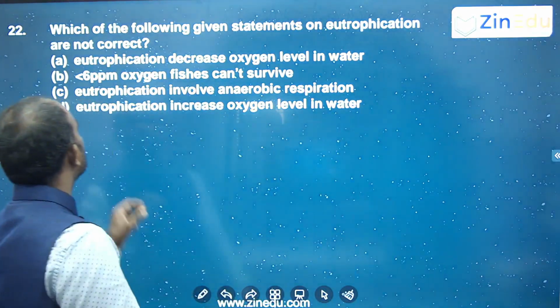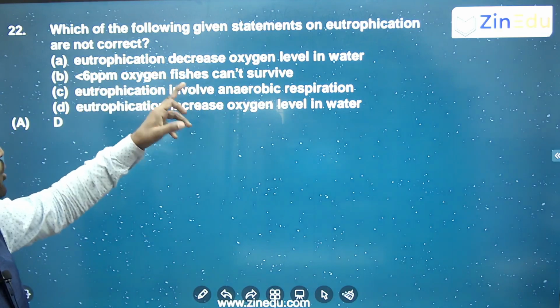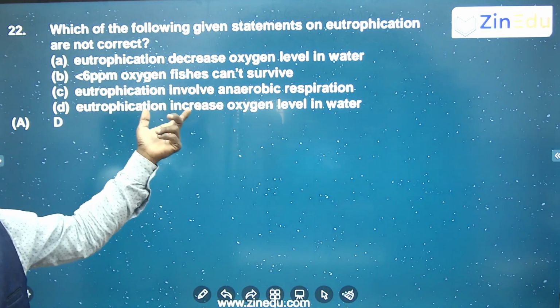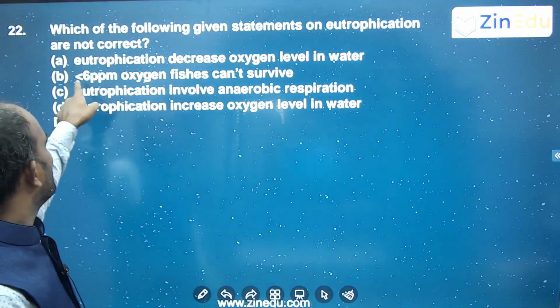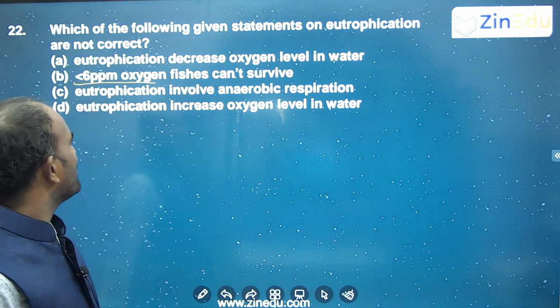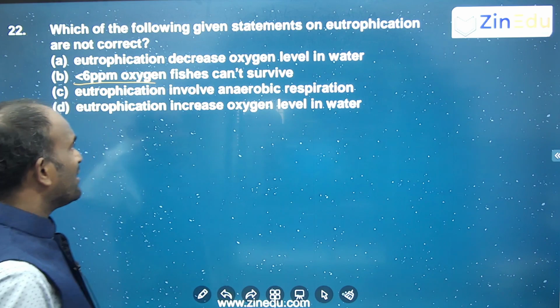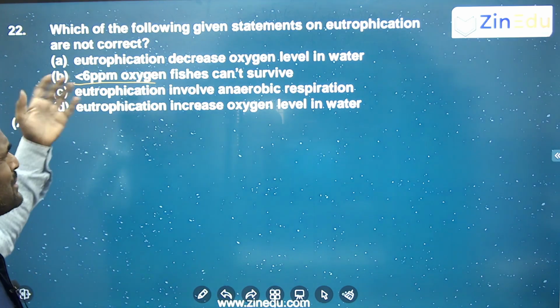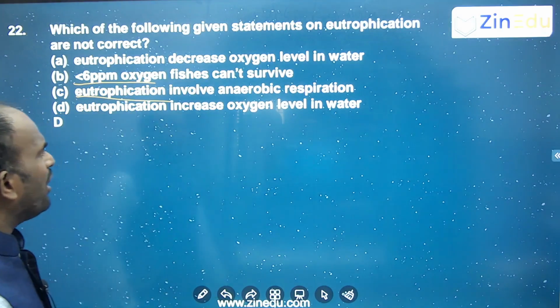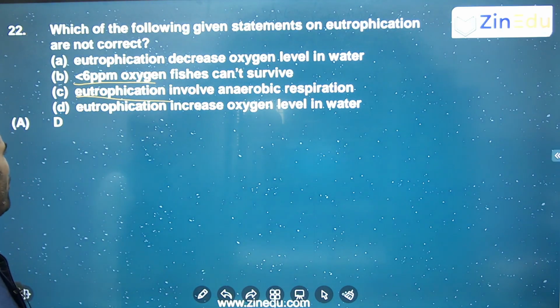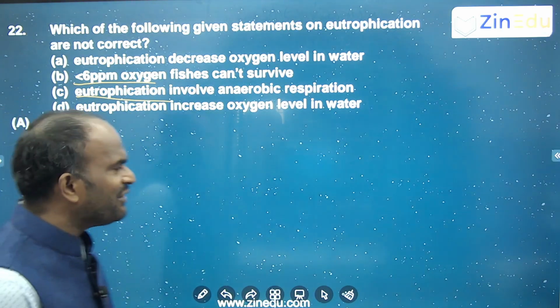Now look at this. Eutrophication decreases the oxygen level in water? Yes, that is the effect. Next, at less than 6 ppm oxygen fishes cannot survive, but there is no point to talk about eutrophication here. Does eutrophication involve anaerobic respiration? No. Eutrophication increases the oxygen level in water?